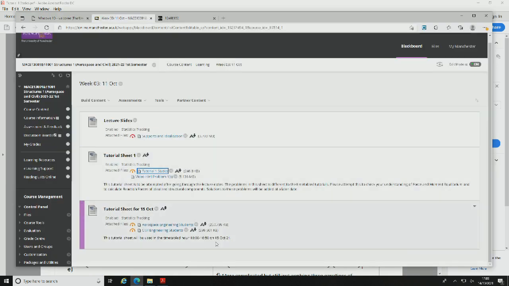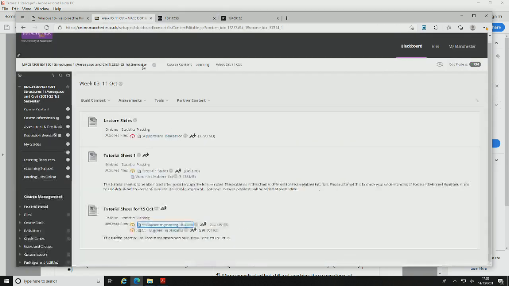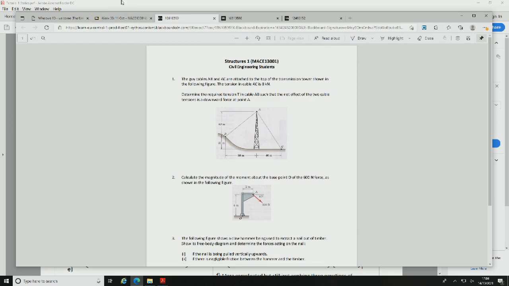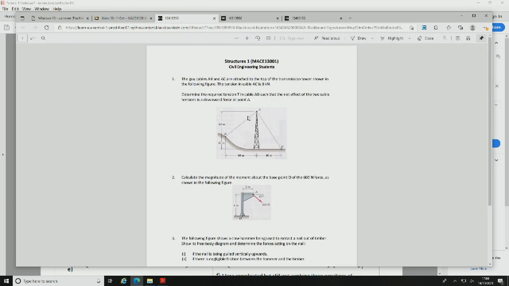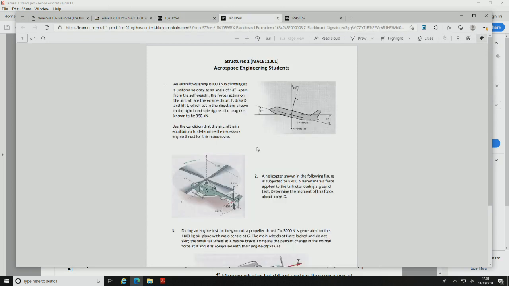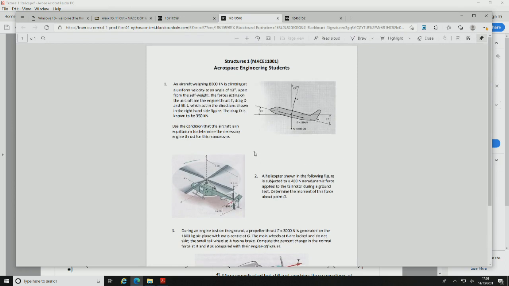And for tomorrow's tutorial at 4 o'clock in this building, I think a different room, two example problems are given here, one for aerospace students and one for civil engineering students. There are three problems for the civil engineering students to do, and similarly three problems for aerospace engineers. You can have a look at these problems today if you have got time, or tomorrow morning.